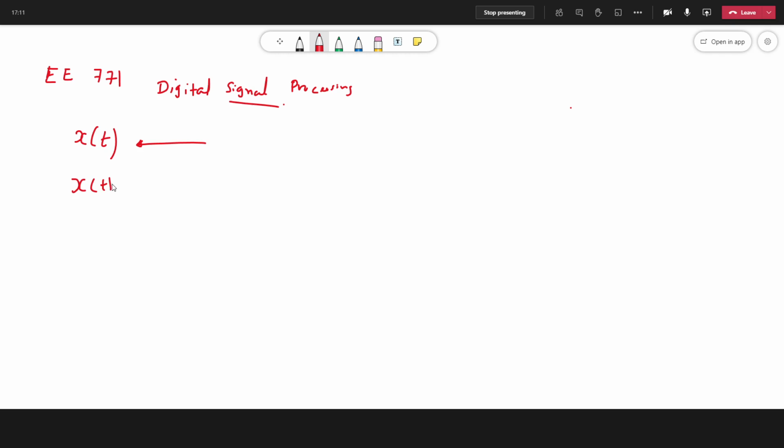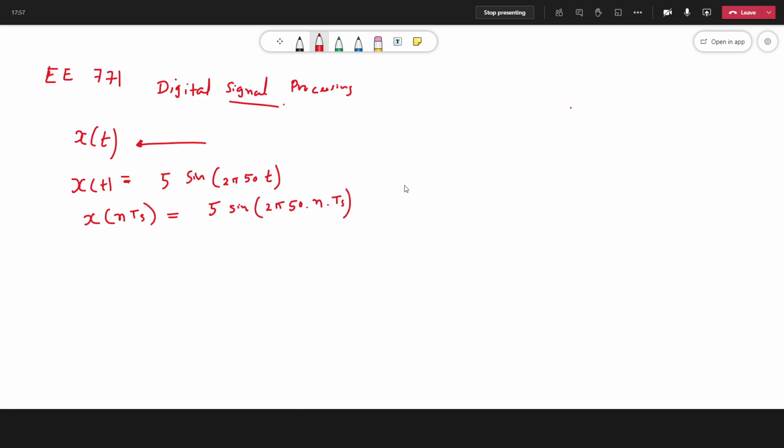Now if x of t is given by 5 sine 2 pi 50t, and of course it is a continuous signal, it can be written in the form of mathematics with the variable small n like this, representing its discrete version: 5 sine 2 pi 50 into the instantaneous time, which is given by n into Ts.